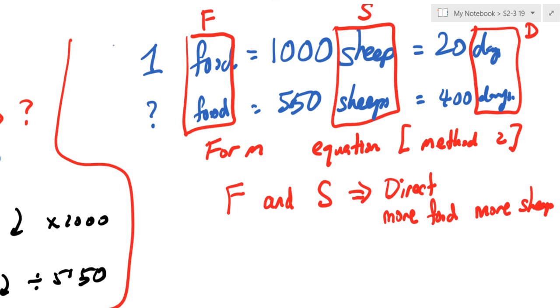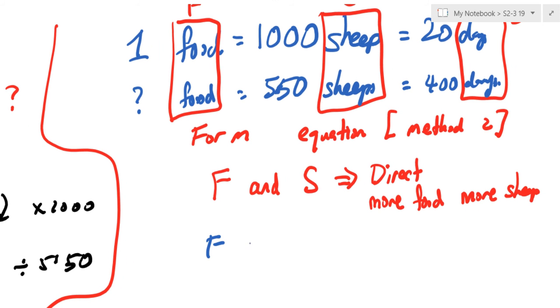Now I try another one. What about F and D? What do I ask myself? Irvin, more food, more days, or more food, less days? Think through and write down. You got to tell me, is it more food, more days, or more food, less days?